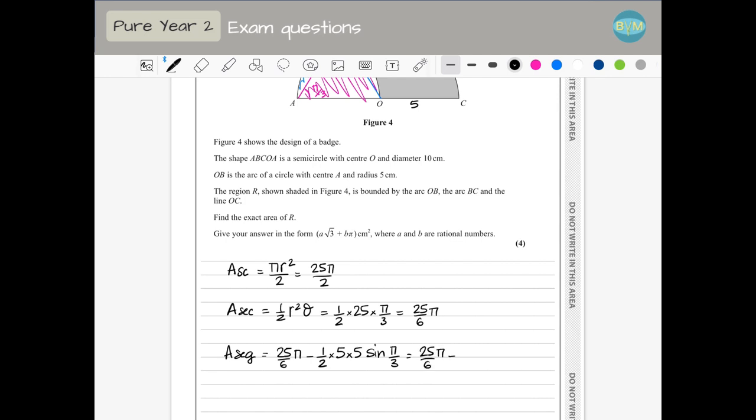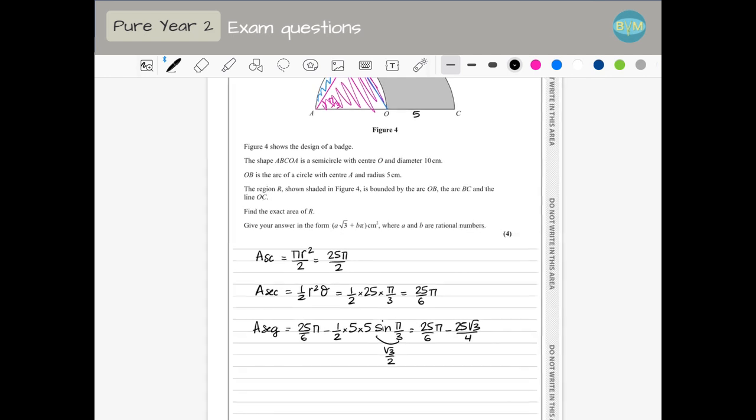So we have 25/6 pi minus 1/2 times 5 times 5 times sine pi thirds, and sine pi thirds is √3 divided by 2. So we have 25√3 divided by 4.